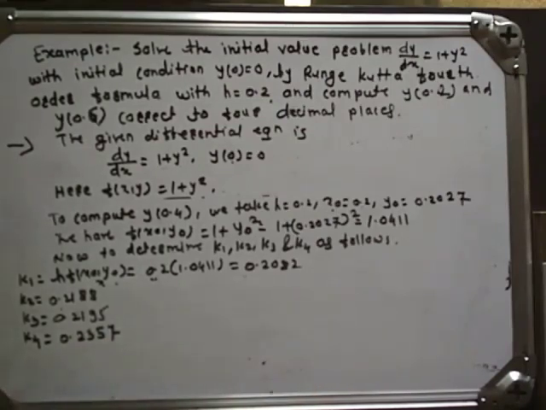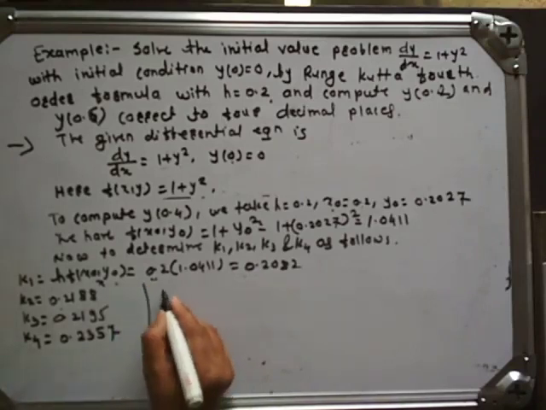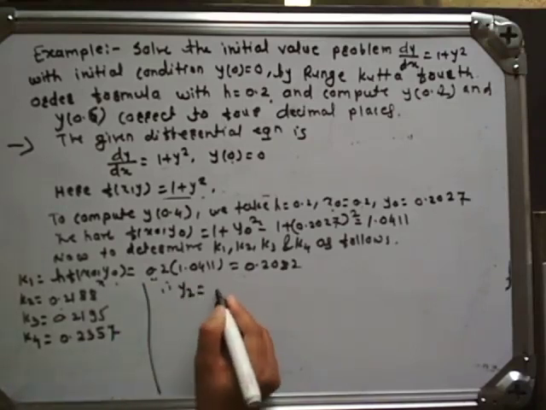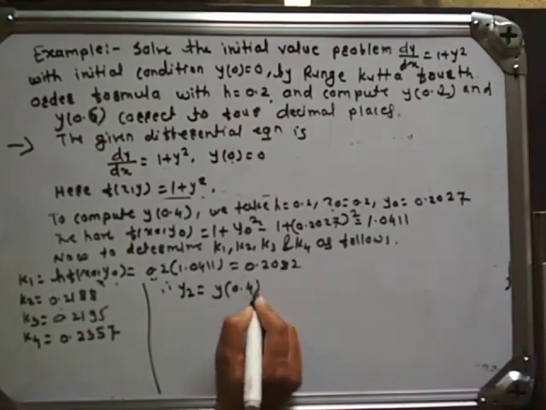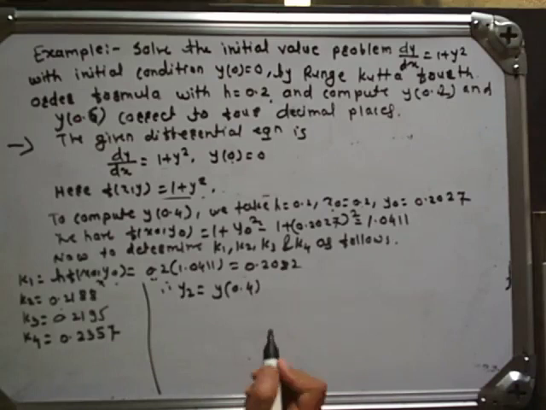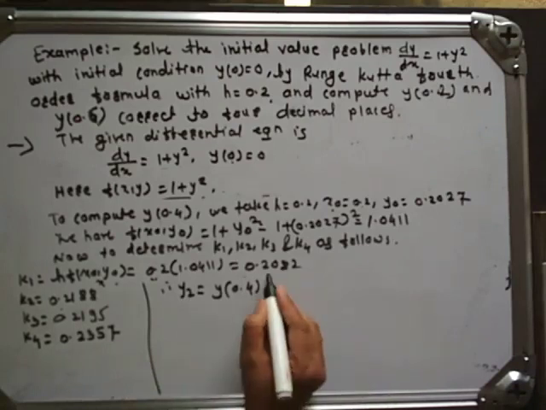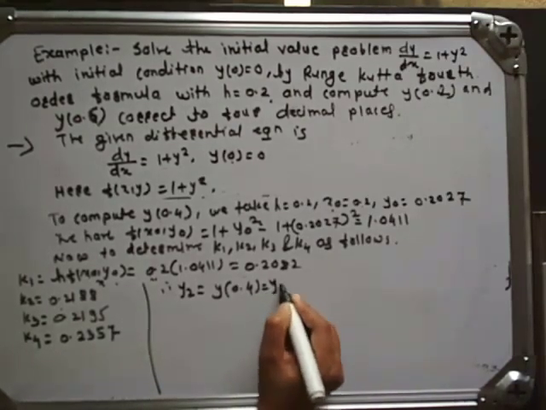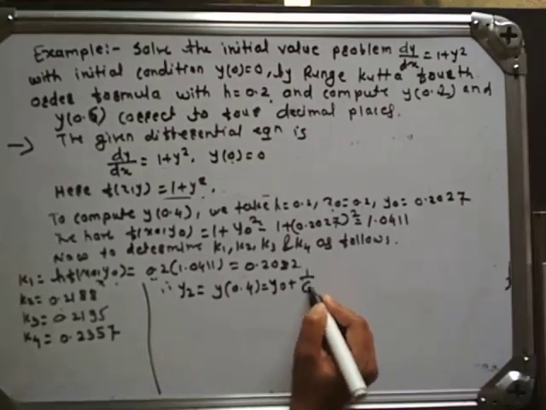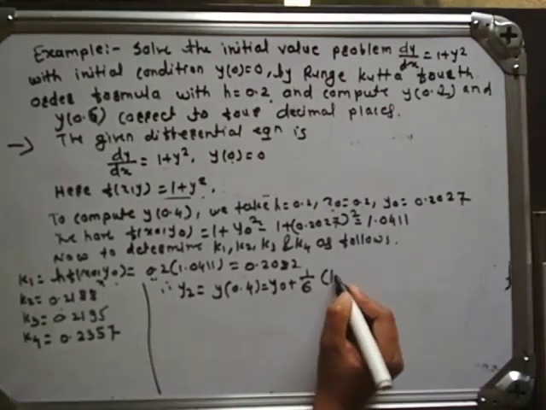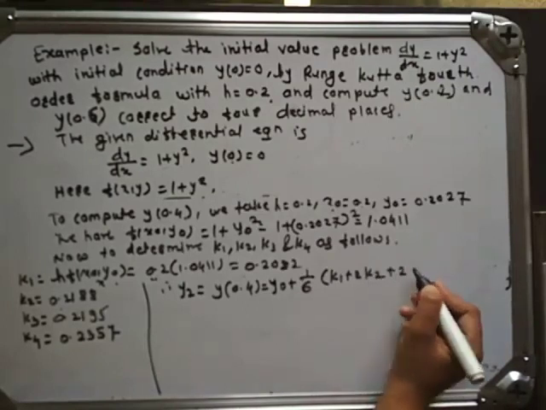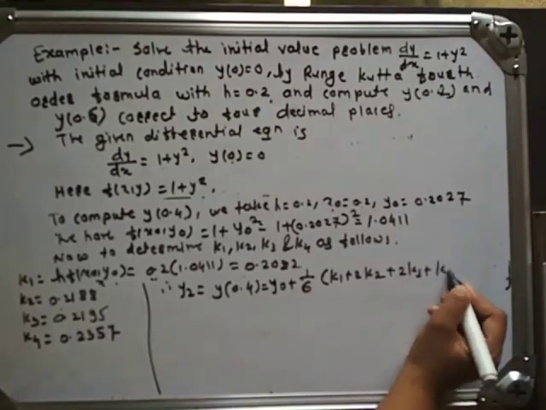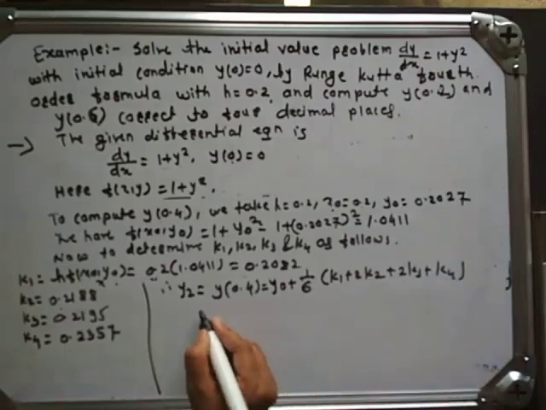Therefore, y2 is equal to, y2 means y of 0.4. This is equal to y0 plus 1 upon 6 of K1 plus 2 into K2 plus 2 into K3 plus K4. Now put all the values of K1, K2, K3 and K4.